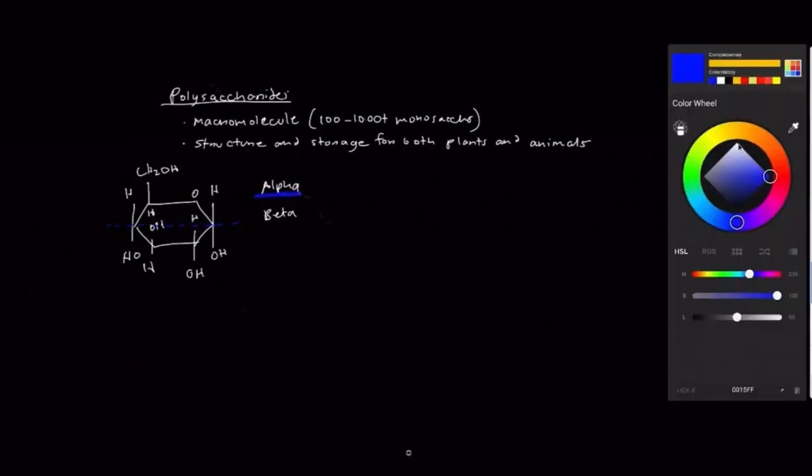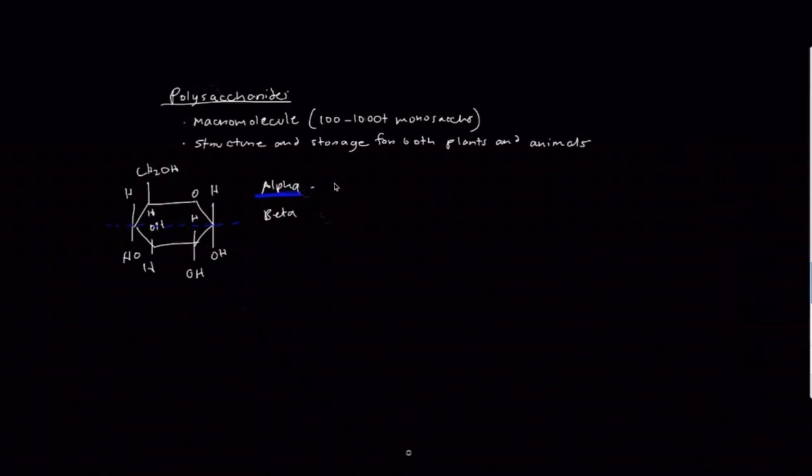Essentially, what alpha structure means is that they are all composed with OH groups below the plane of the rings. How does that look? We're going to assume that everything here stays the same, and we're only going to look at this region here.